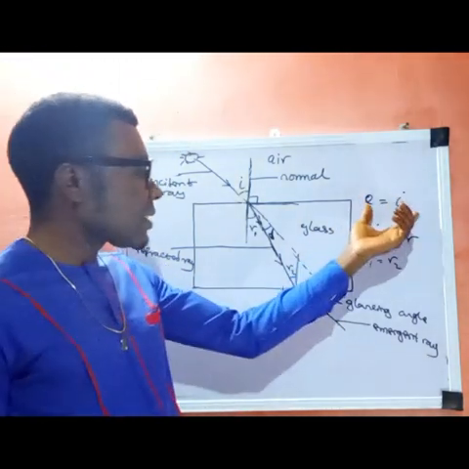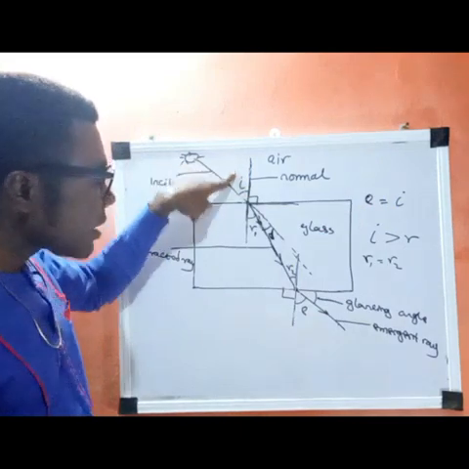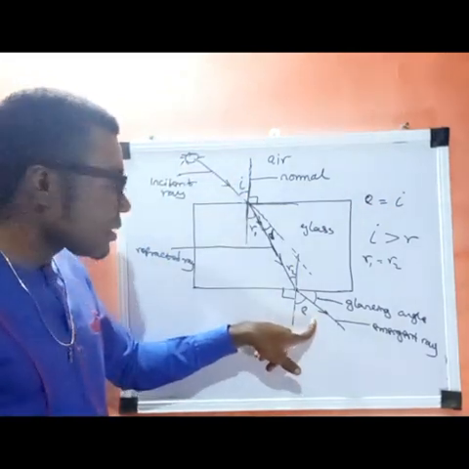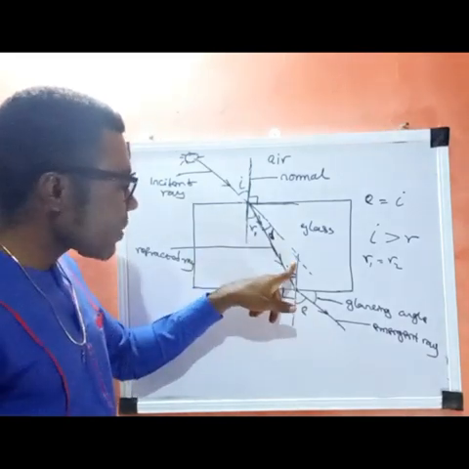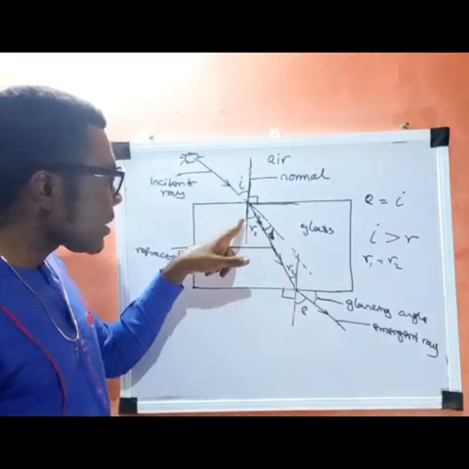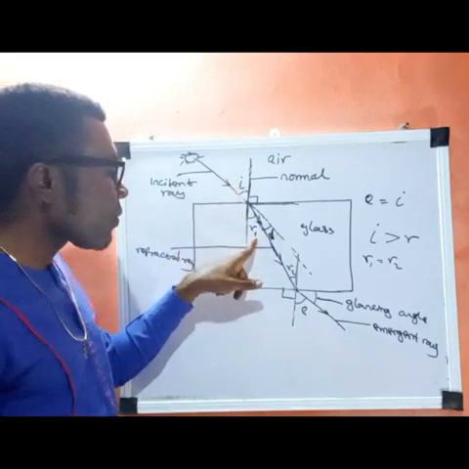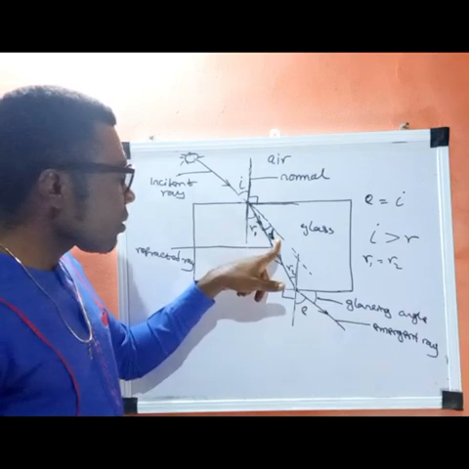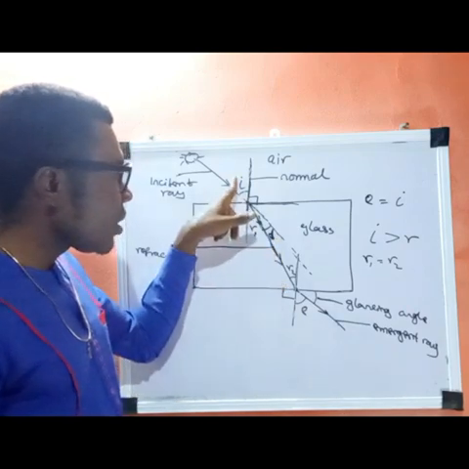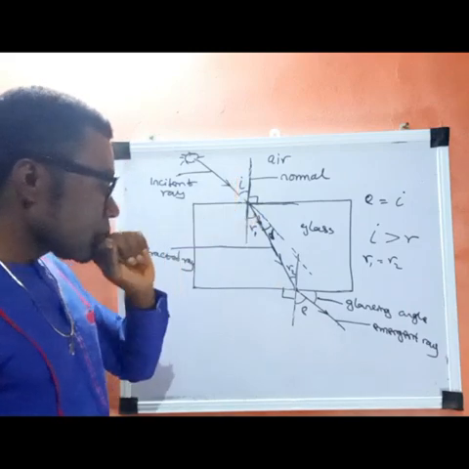So if we understand that the angle of incidence is the same as the angle of emergence, and that R1 is the same as R2, then when I add R1 and D, the angle of refraction and the angle of deviation, it will give me the angle of incidence.